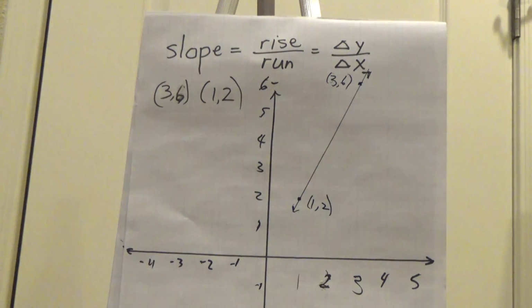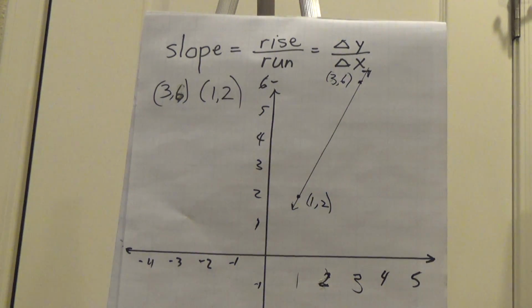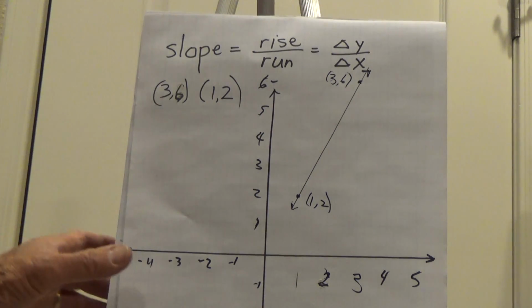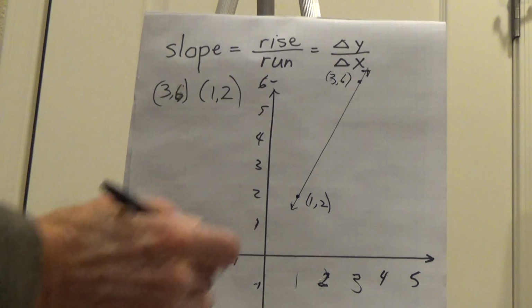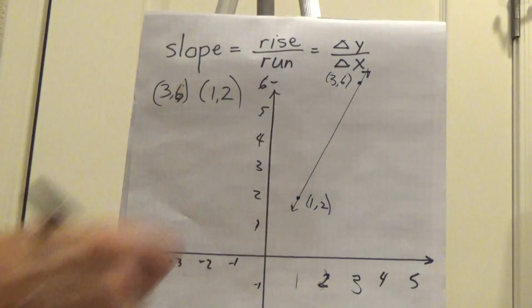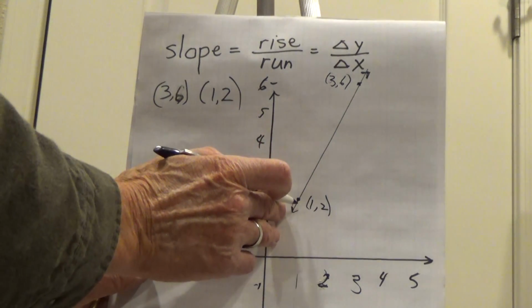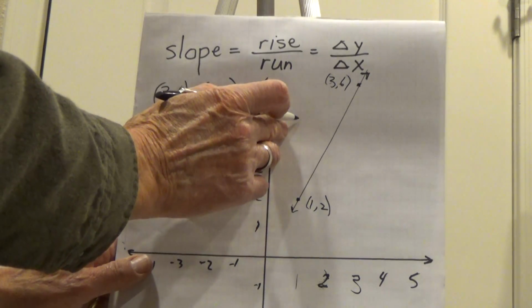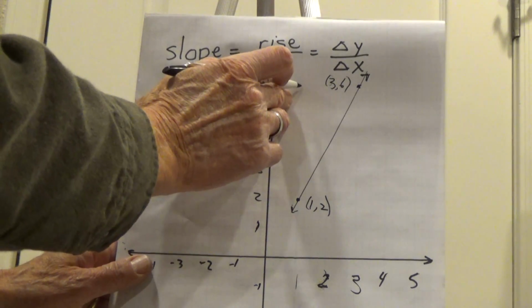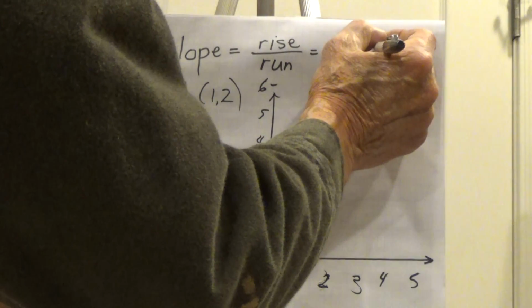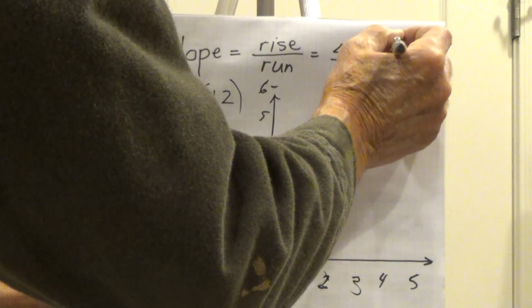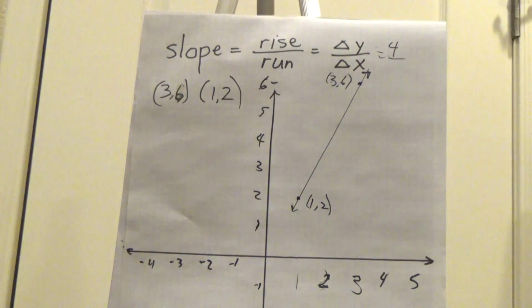And slope is rise over run. Now we can simply find slope by counting rise over run. Going from this point to this point, it goes up 1, 2, 3, 4 places. So the rise is 4.